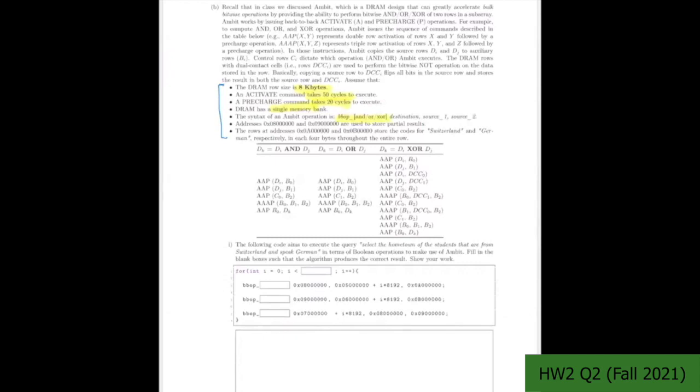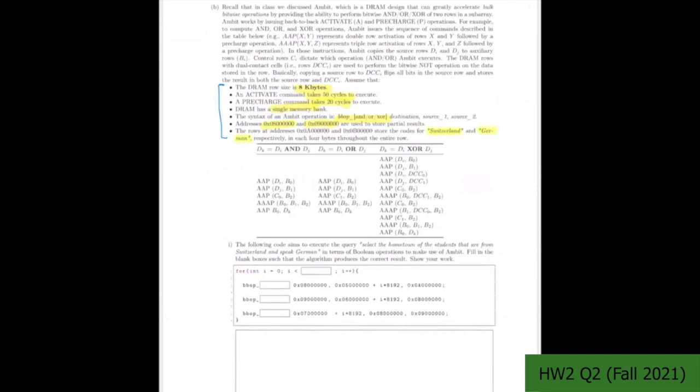You have the destination array, then the addresses of some rows in the subarray that are used to store partial results. And then you have the row addresses that store the constants that you're going to compare with, so Switzerland or German over here.